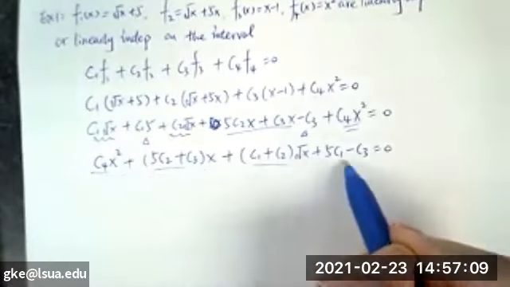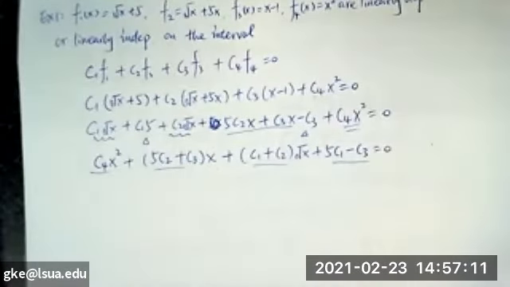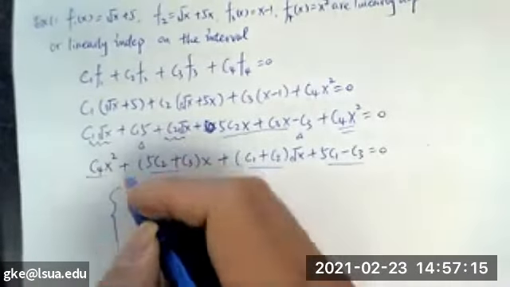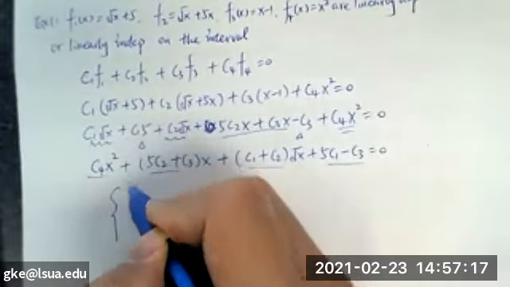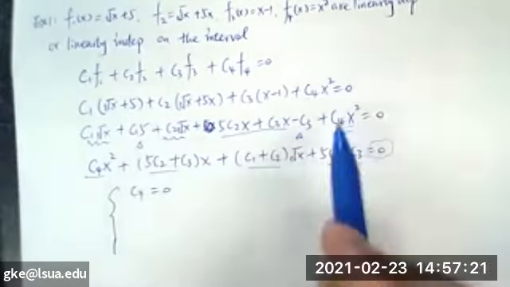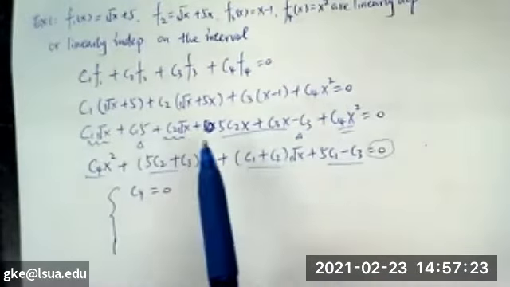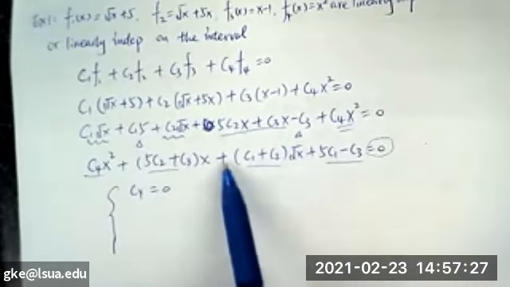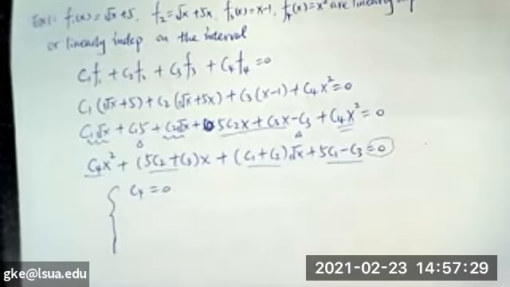The coefficients equal 0. That means C4 equals 0. We let all the coefficients equal 0, then we can make sure this equation equals 0.